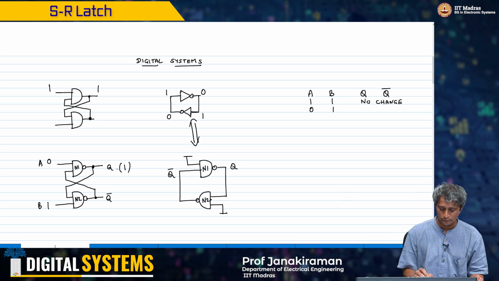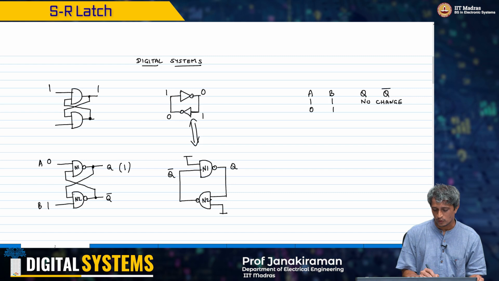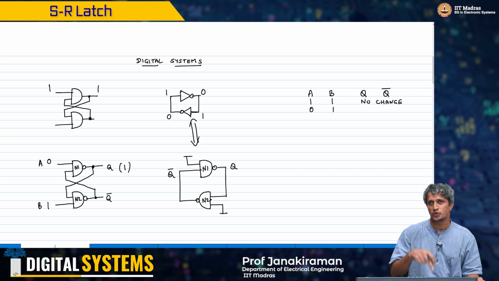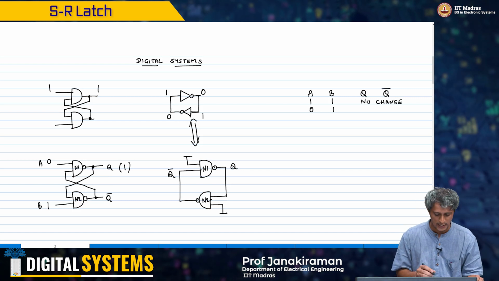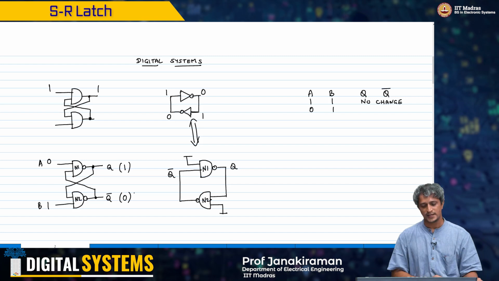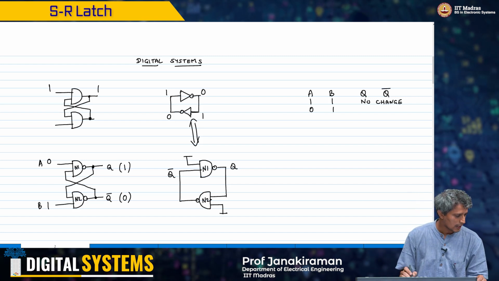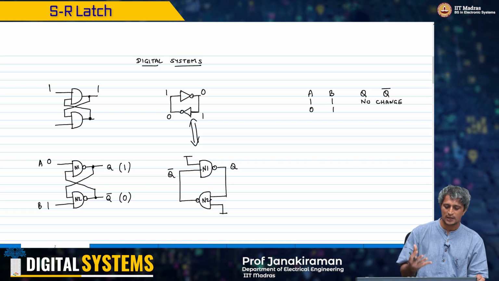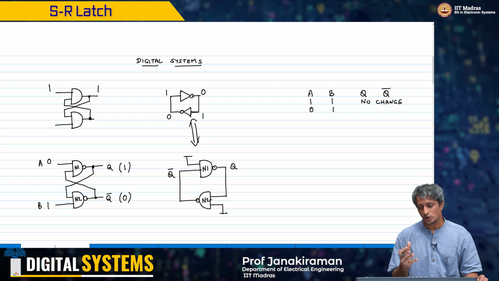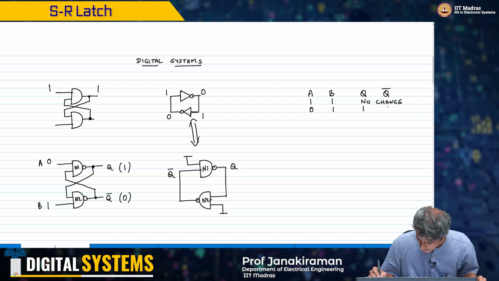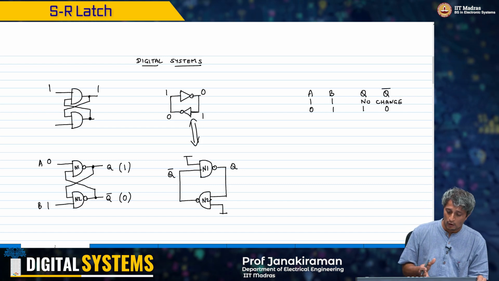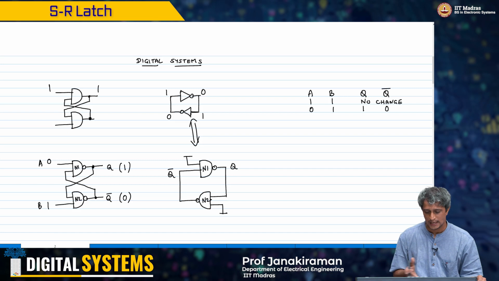Now, if Q goes to 1, both the inputs to this N2 NAND gate are going to be 1, and that means this has to go to a 0 state. So what will happen effectively is you are going to have a combination that can force the output to go to this state, 1 0. In fact, it does not matter what the previous state was at that point.